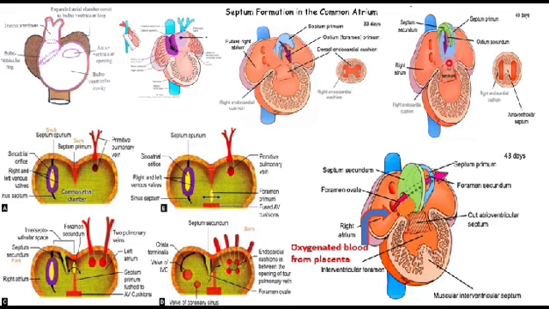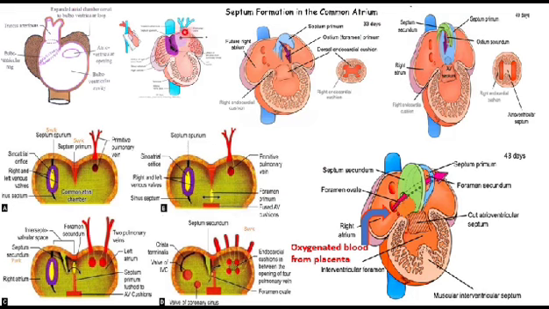So it gets attached to the septum intermedium, closing the foramen primum. Here you can see the septum primum has got attached to the septum intermedium. Septum intermedium is nothing but AV cushions. Please understand. So as the septum primum fuses with the septum intermedium, it obliterates the foramen primum in the mid-sagittal plane.